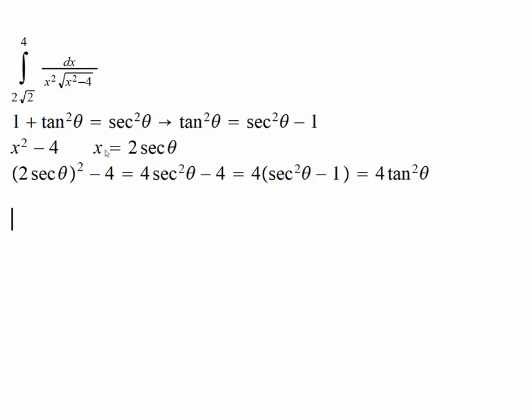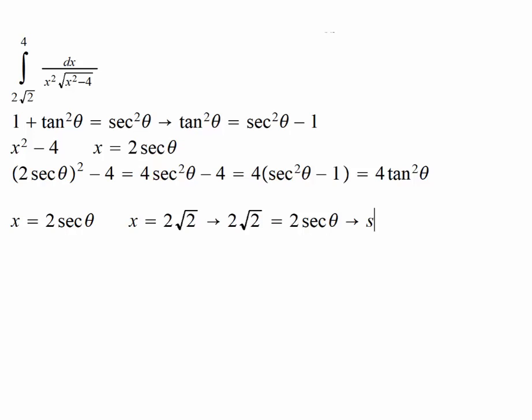Now notice here that we are taking x equals 2 secant theta. So when x is 2 square root of 2 as the lower limit over here, what we get is 2 square root of 2 equals 2 secant theta.